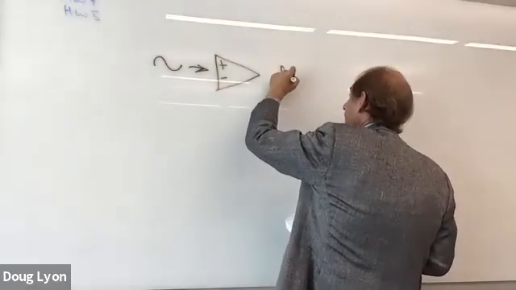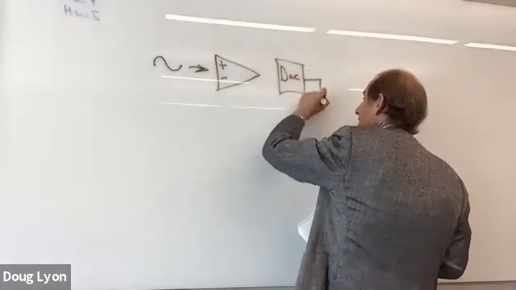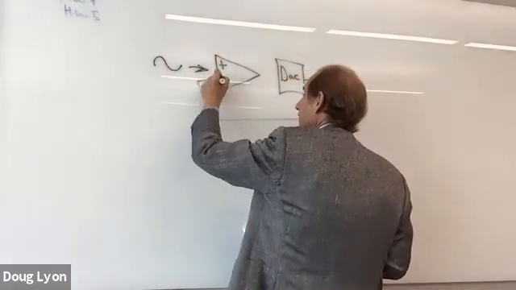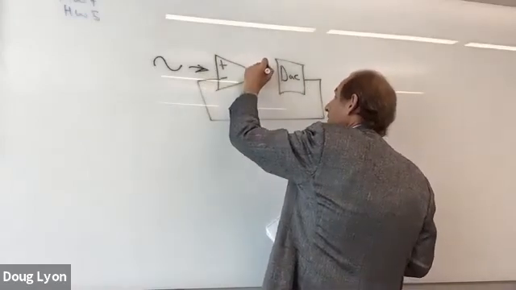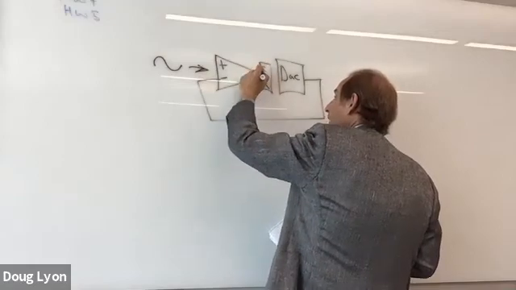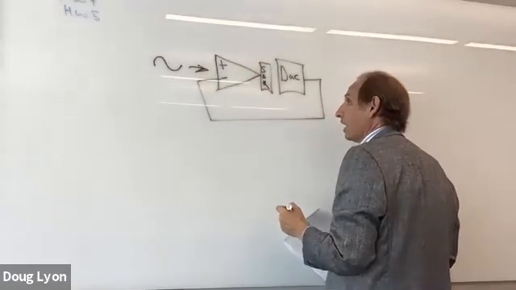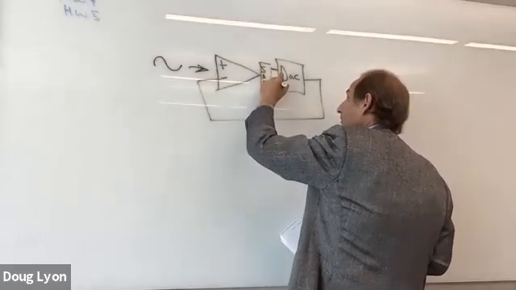You've got a DAC over in here, and it outputs an analog signal. And that goes in. And when it's low, we want the register, the successive approximation register, to start to count up. And when it's high, we want the successive approximation register to start to count down.